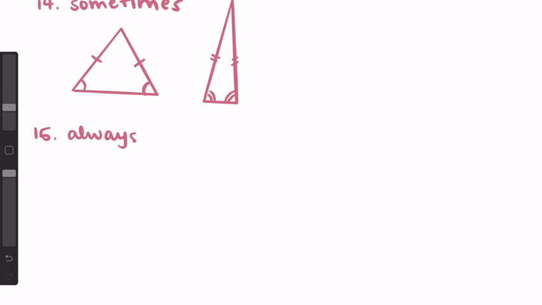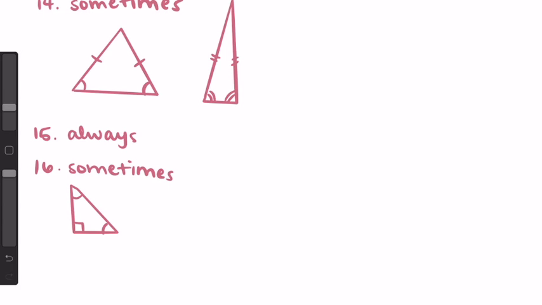For 15, equilateral triangles would always be similar because they have the same angles, 60 degrees, all the way around. A right triangle and isosceles triangle would sometimes be similar if the right triangle is also isosceles. So they just have to have corresponding angles being congruent.